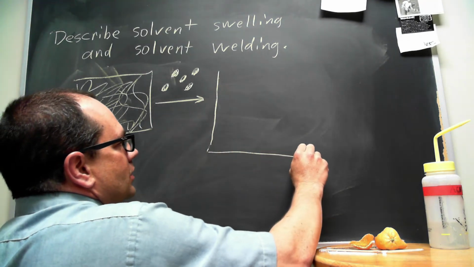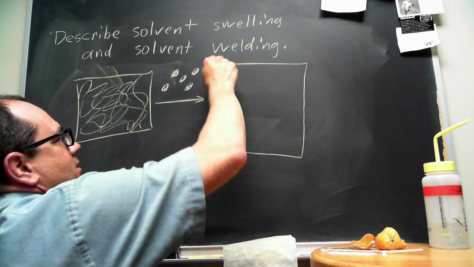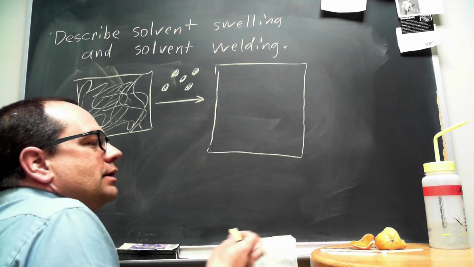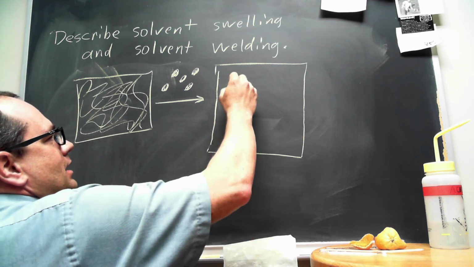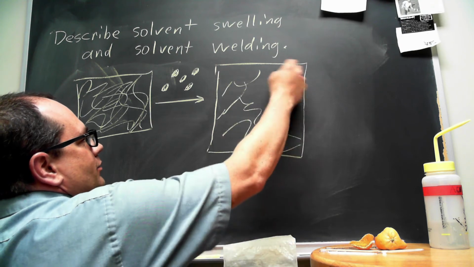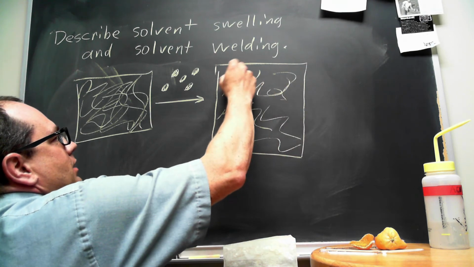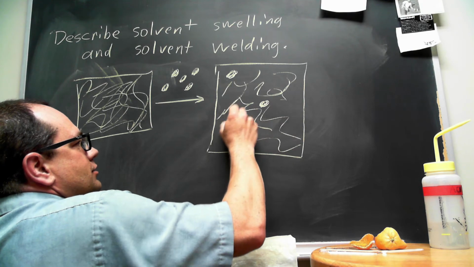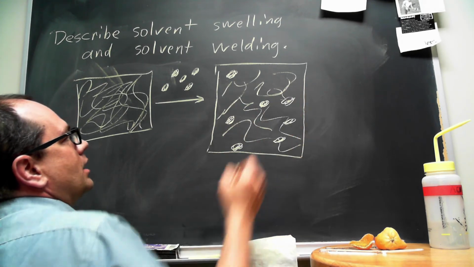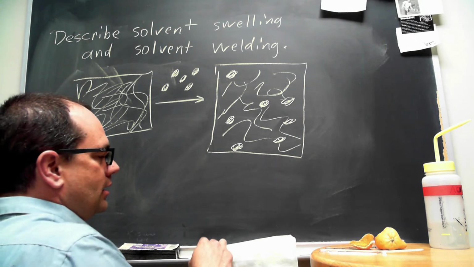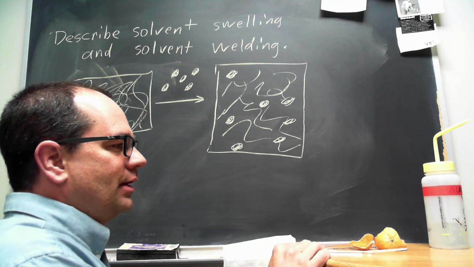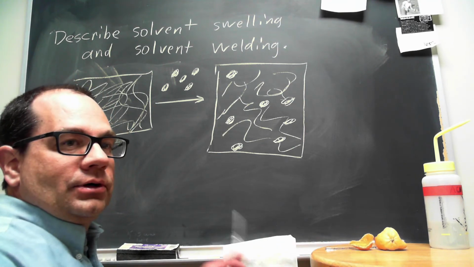Now, since the polymer is all tangled up on itself and the chains are all tangled together, the polymer cannot totally dissolve. What happens rather is the polymer chains will spread apart from each other a bit, and that nonpolar solvent will get attracted to that nonpolar polymer and swell it up. Okay? And as a result, this tears into the surface of these knives a little bit and swells it up and makes them appear cloudy.